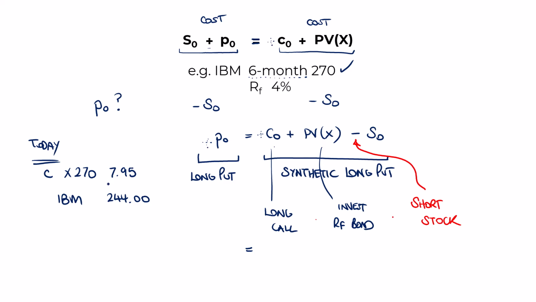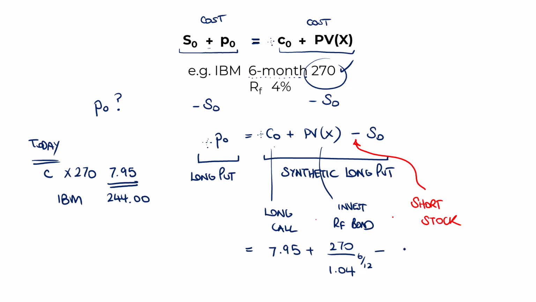The long call, it's going to cost us 795. The PV of the strike is the 270. Discounted at the risk-free rate, we're saying it's 4%. We're assuming it's exactly 12 months. So to the power 6 over 12. Short the stock, so minus, that would cost us. That's a cost we have to invest.